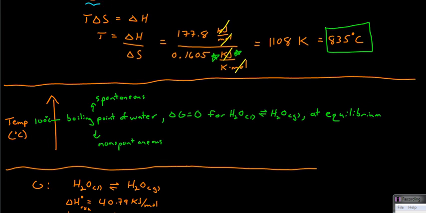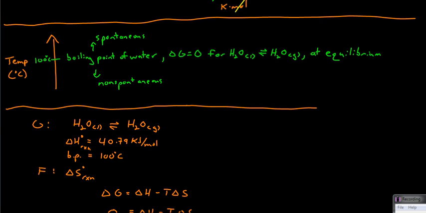All right, now consider another case where instead of having that chemical reaction, let's just have a change of state. Water boils. It vaporizes. And it has an equilibrium at 100 degrees Celsius. Below 100 degrees Celsius, the boiling of water is non-spontaneous. It really doesn't occur very much.